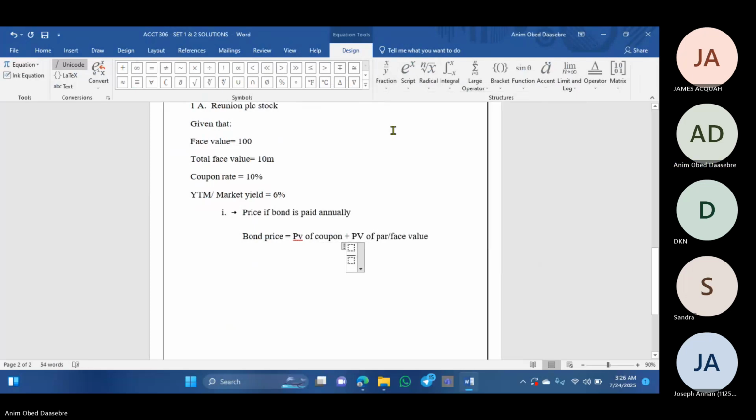So we are starting with the present value of the coupon using the annuity formula.